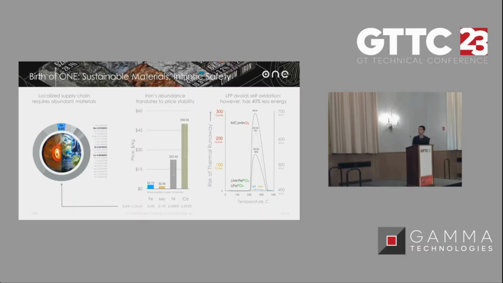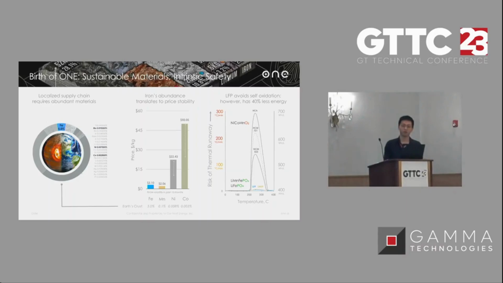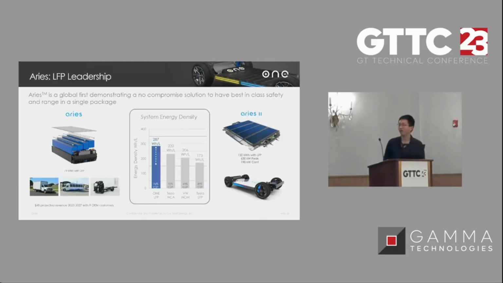As you can see on the right figure, when the temperature rises, there will be a self-oxidation effect, so that the self-heating effect of the cathode will be much more severe than iron-based cathode. So that causes a problem in the battery safety. So after promoting the advantages of iron-based cathode, what we are doing is to build LFP cathode-based batteries.